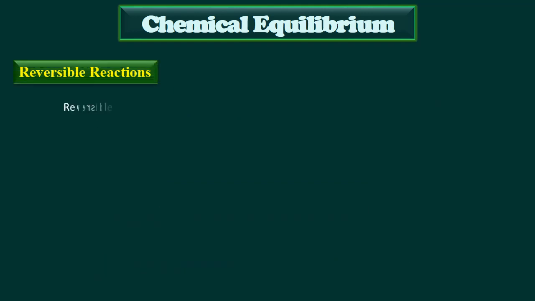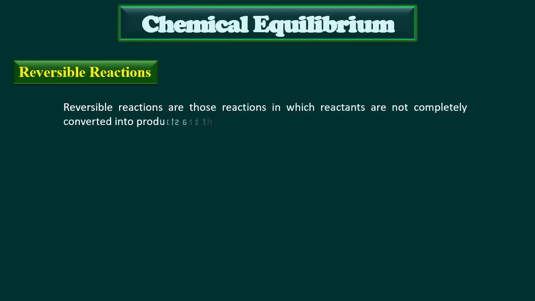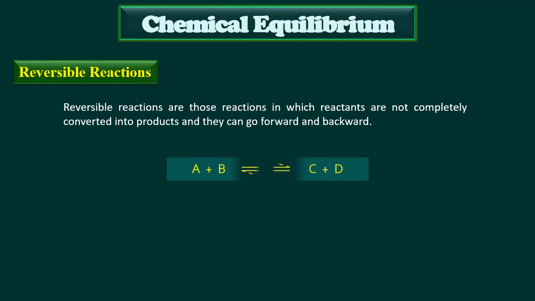Conversely, reversible reactions are those reactions in which reactants are not completely converted into products and they can go forward and backward. Consider this reaction. A and B react to form products C and D. And then C and D react to form A and B again.